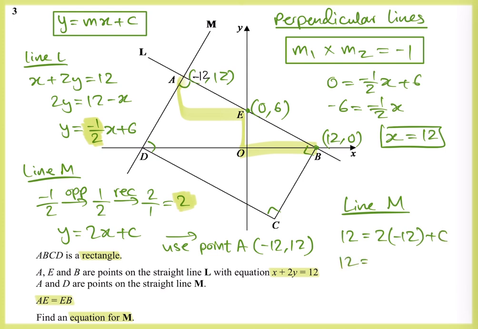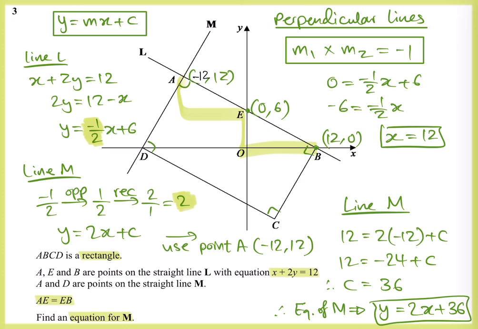So 12 equals negative 24 plus c. Therefore c is 36. Finally, the equation of M is y equals 2x plus 36. Hopefully that made more sense and gave a bit of clarity.